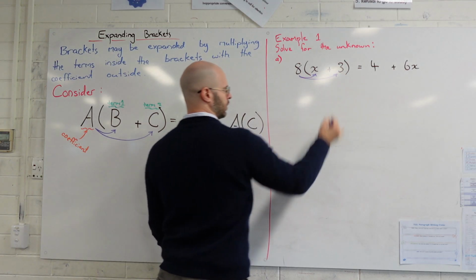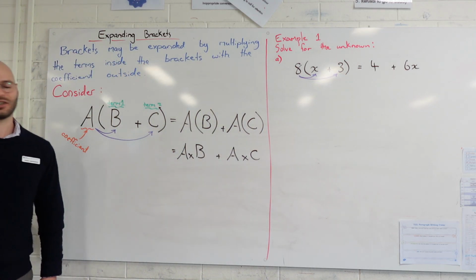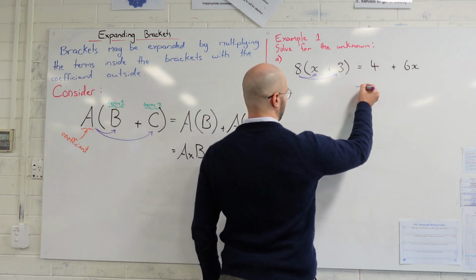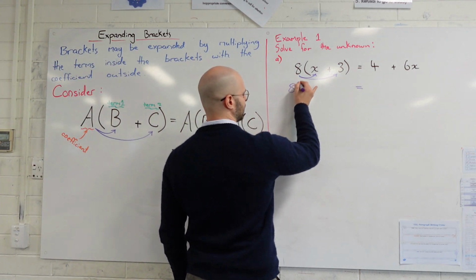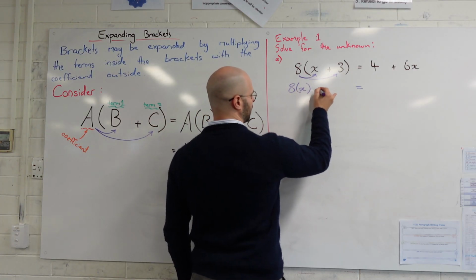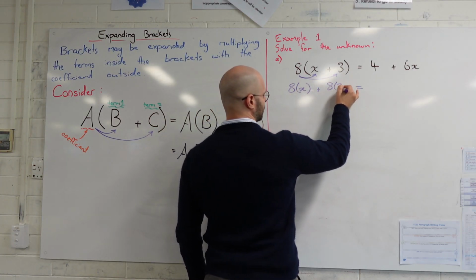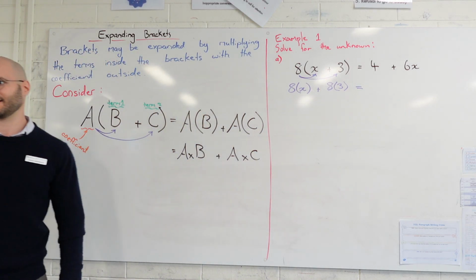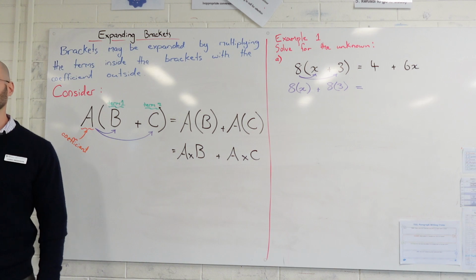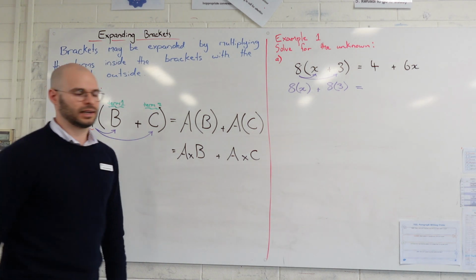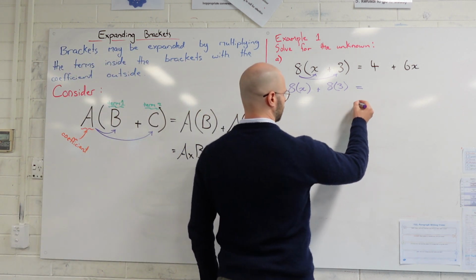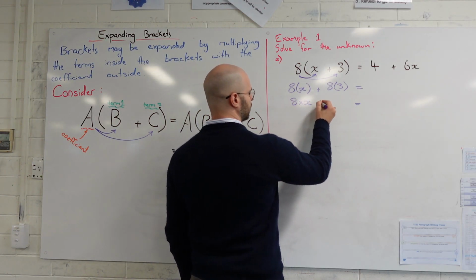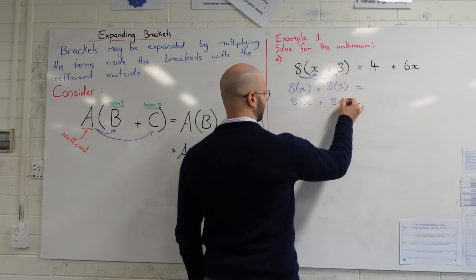So, we're going to bring the 8 in on the X and the 8 in on the 3. This can be shown by 8 in brackets x plus 8 in brackets 3. Nothing's changed with the 4 plus 6x, so you can choose not to write anything on the right at the moment. Next, this is going to turn into 8 times x plus 8 times 3.